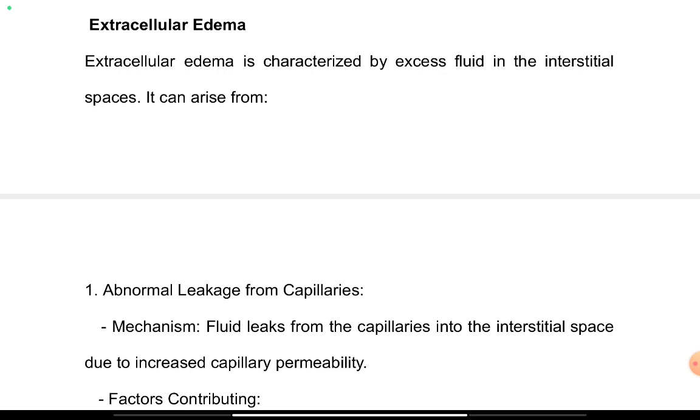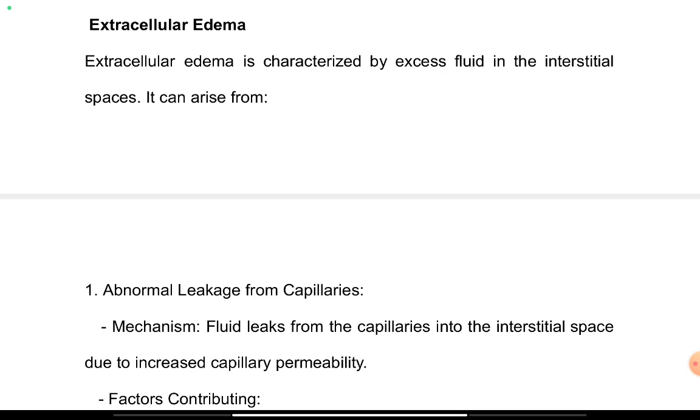I said the force that pushes fluid out of the capillary is known as hydrostatic pressure. So when there's increased hydrostatic pressure, that of course is going to lead to interstitial edema. Or when there's lesser oncotic pressure, which is responsible for pulling fluid back into the intravascular space.